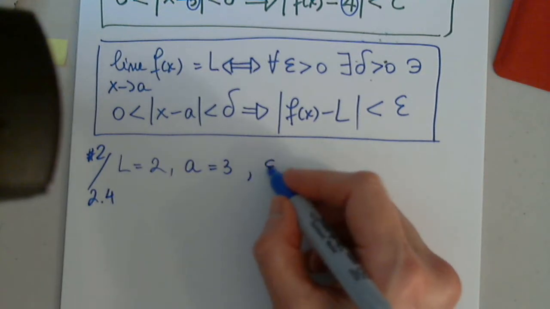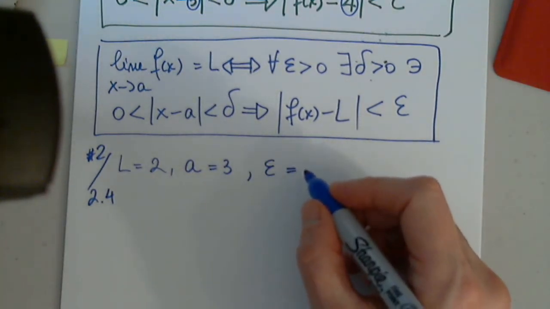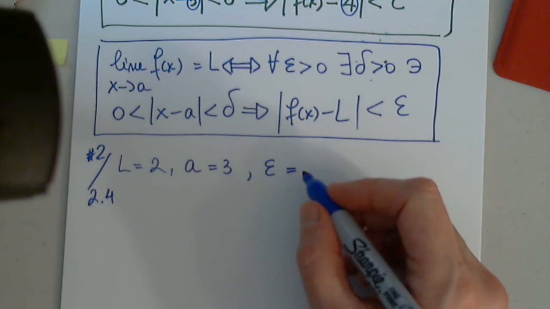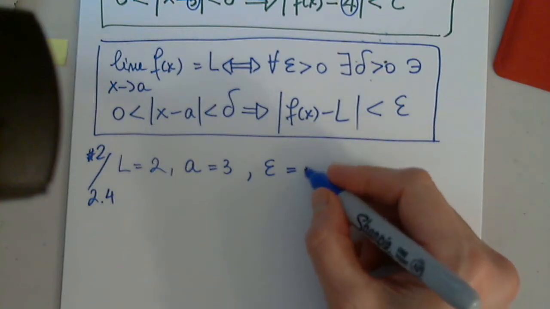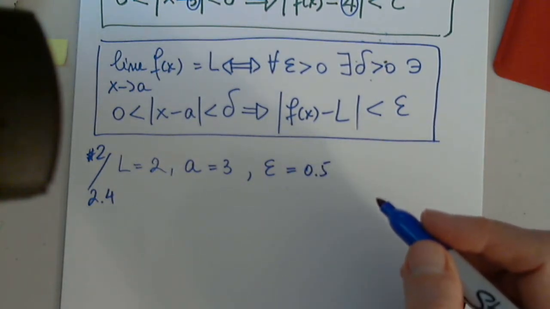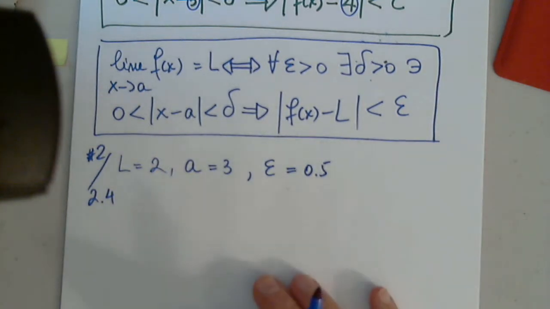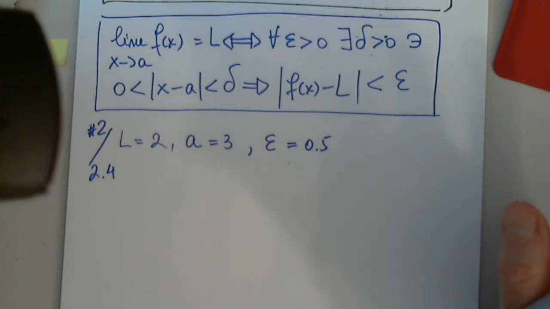Can anyone identify for us epsilon? Is it 2.5? Just epsilon, 0.5. Yes, very good. Everyone okay with that so far? Good. So we don't have to do anything, we just have to look at the graph.